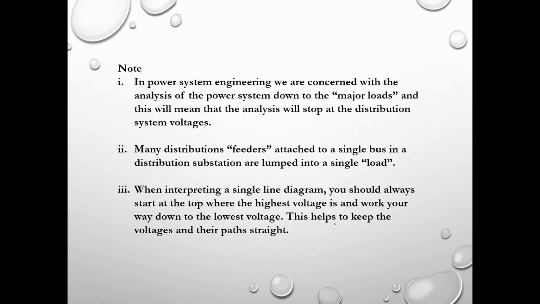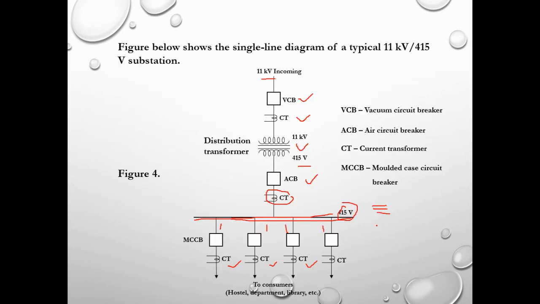Okay. So in power system engineering, we are concerned with the analysis of the power system down to the major loads. So this is the major load, and this will mean that the analysis will stop at the distribution substation. We must actually analyze further down to the load of the system.